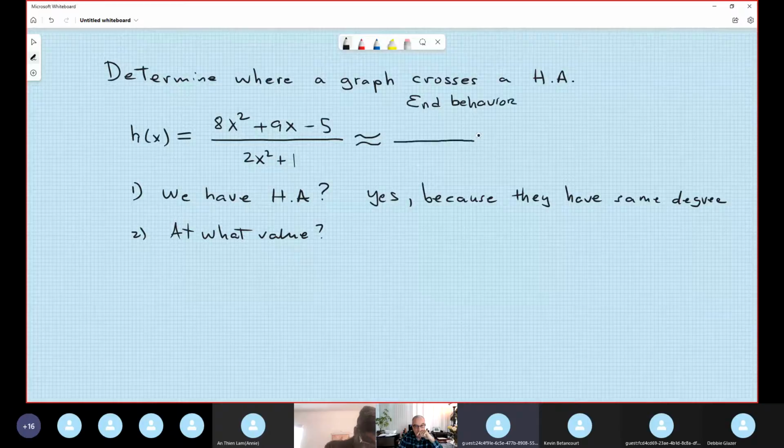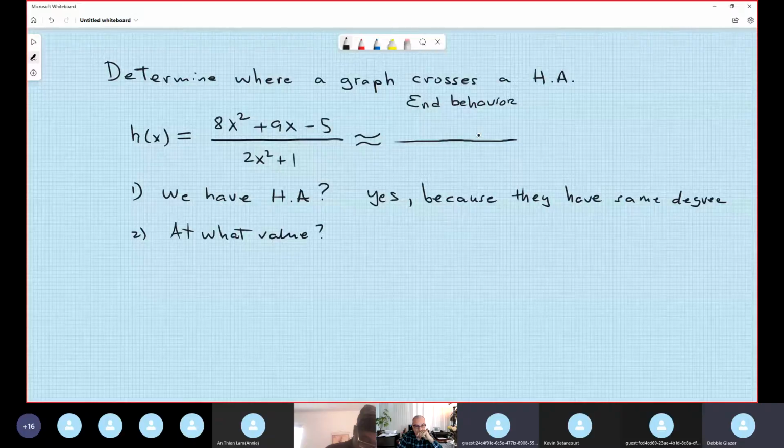And the end behavior: what is the dominant term in the top? The x squared, the 2. But include the 8, of course, no? Right. You mentally: 8 divided by 2 is 4. Oh, excellent.